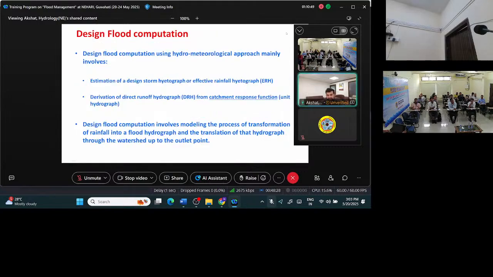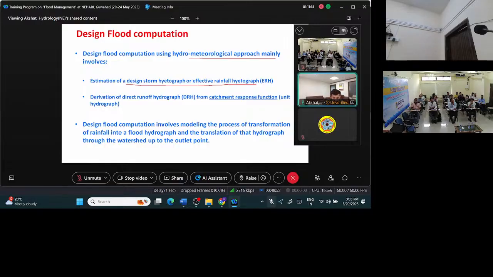So I'll just reiterate what I have said earlier about the design flood computation. Design flood computation using the hydrometeorological approach mainly involves two steps: estimation of the design storm hydrograph or effective rainfall hydrograph. Effective rainfall means that we need to have the excess rainfall hydrograph.